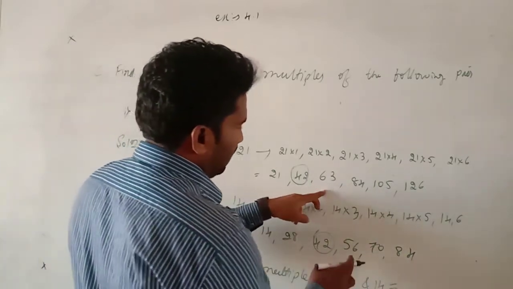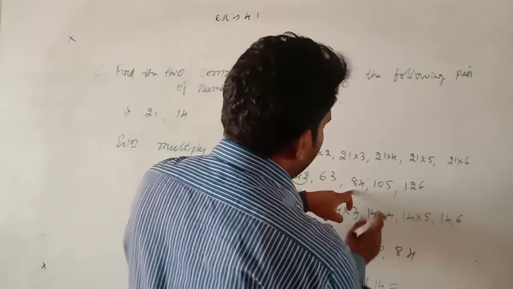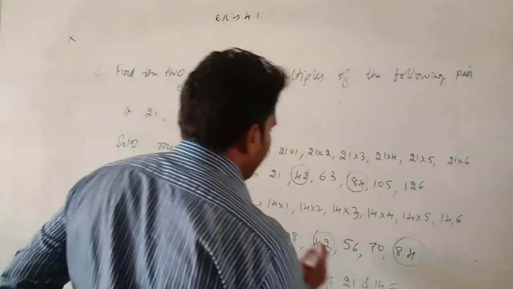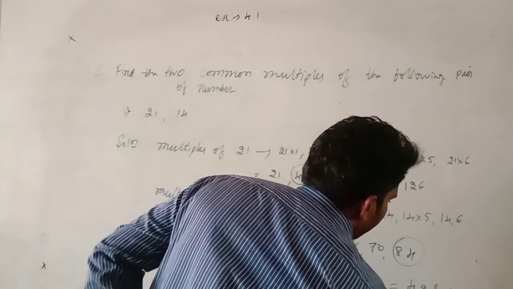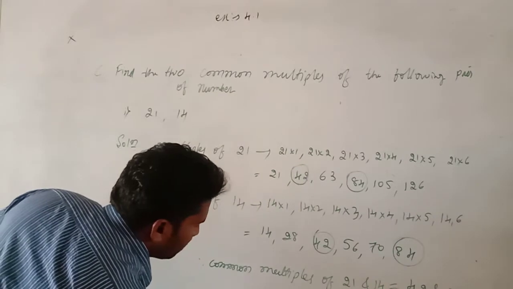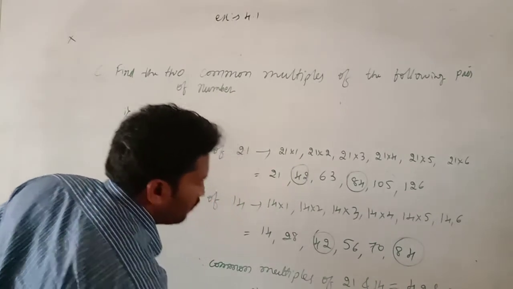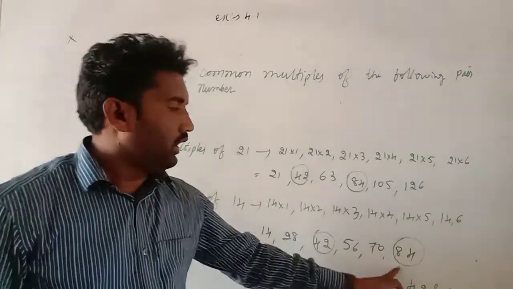Next, 63 and 56 are not common, this one also no, and 84 and 84 are common. So the common multiples are 42 and 84. These two are the answer.